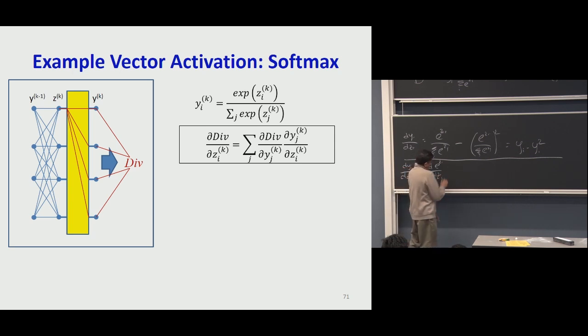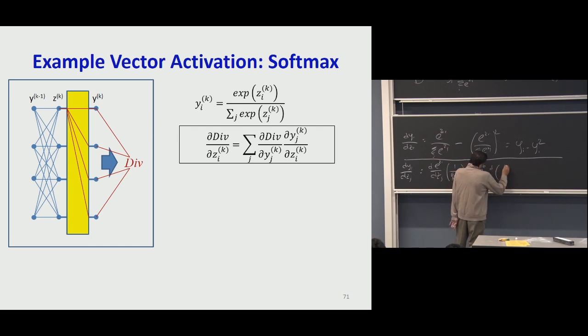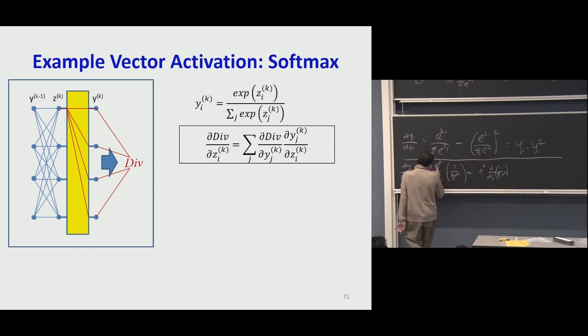This will be 0 times 1 over summation k e raised to zk, plus this is going to be e raised to zi times d of 1 over summation k e raised to zk by dzj. This first term is 0 because e raised to zi is not a function of zj. This goes away. All that remains is this term.